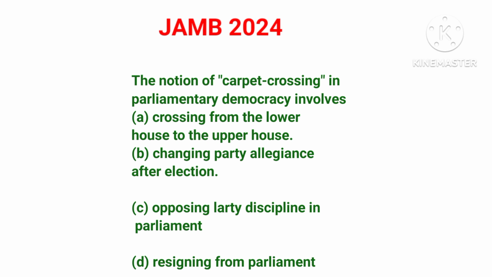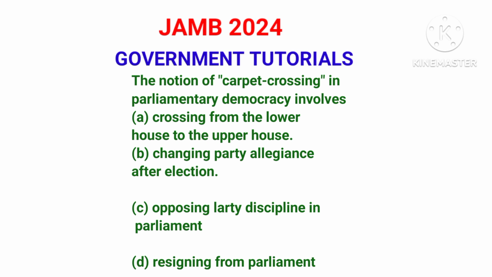Carpet crossing in parliamentary democracy refers to the act of an elected representative changing their political party affiliation after being elected. It involves members of parliament switching their political allegiance from one political party to another during their term, or sometimes even before taking their seat.